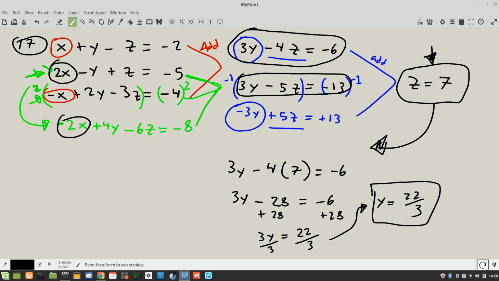And then now we have these two variables, z and y. So now we can go all the way back and plug them into one of the 3 variable equations to solve for x, right? I'm just gonna pick the first one.